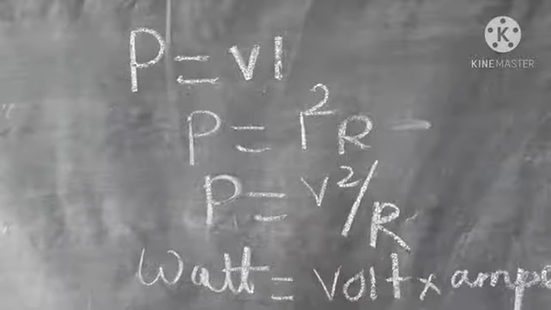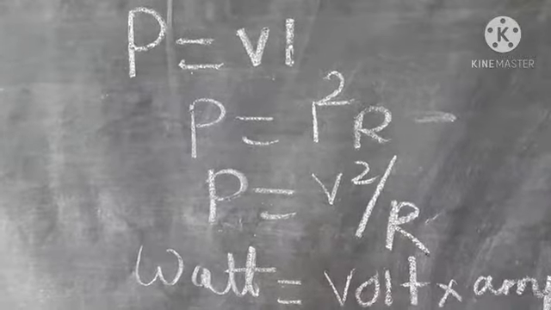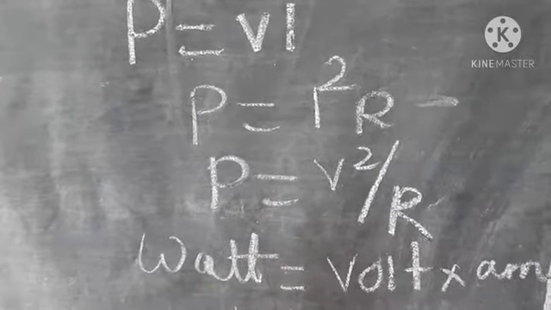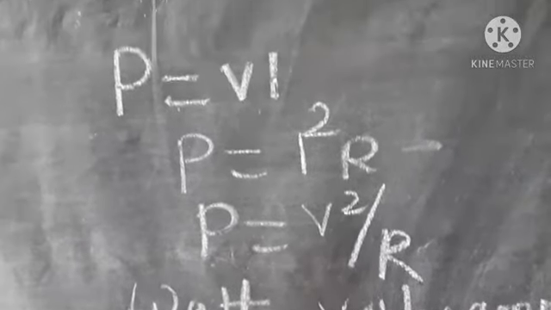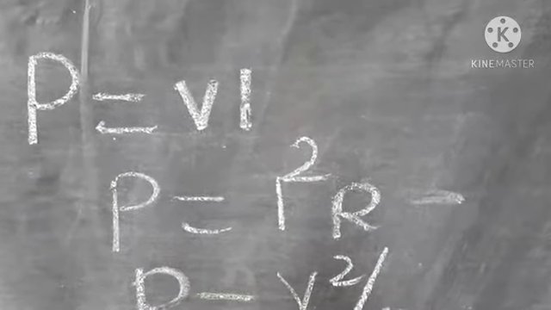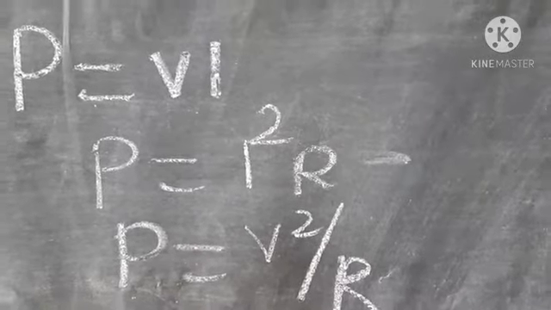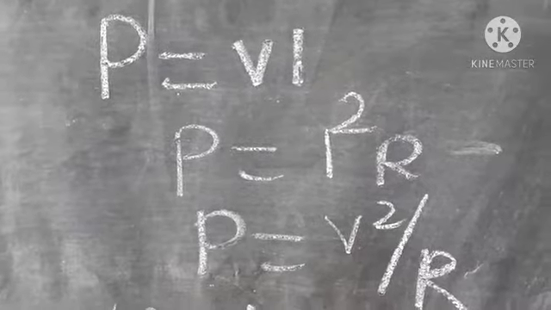Rate of doing work is also called power. Once again, this is also the rate of consumption of energy. Now the equation P is equal to VI gives the rate at which electrical energy is dissipated or consumed in an electric circuit.